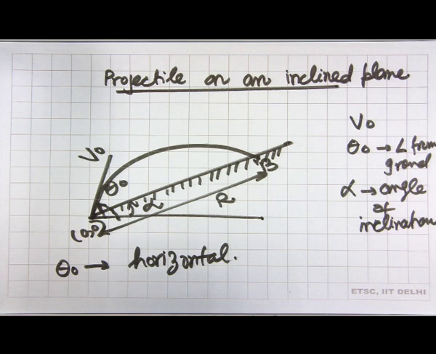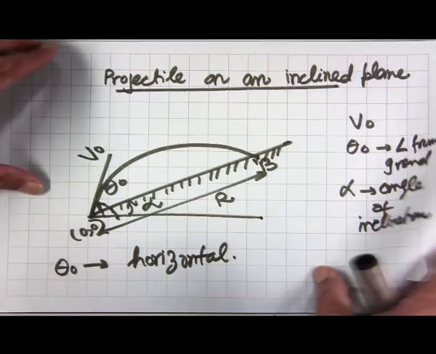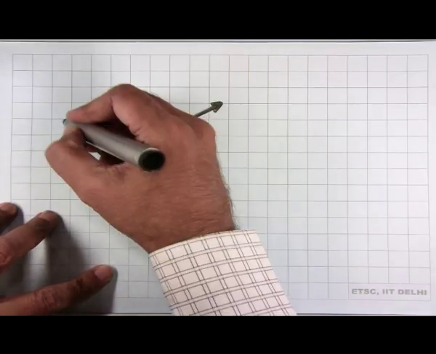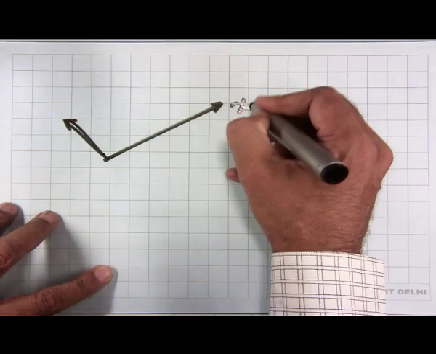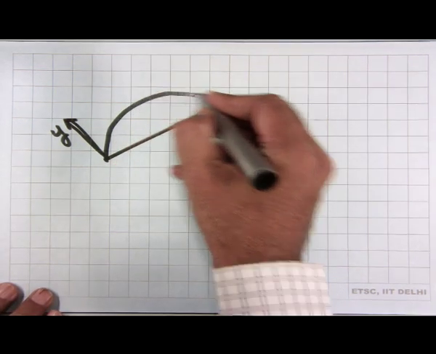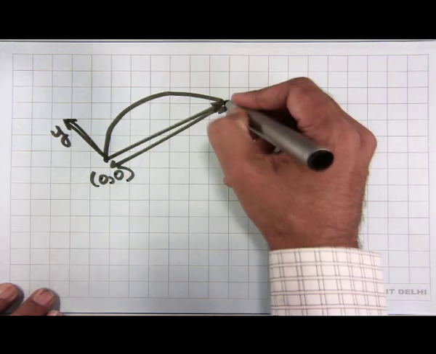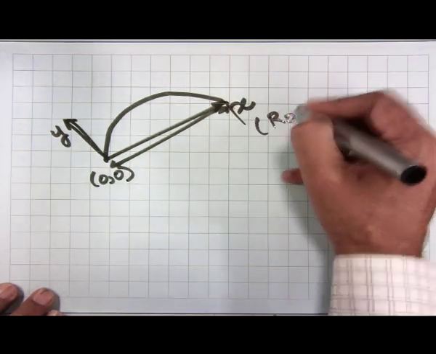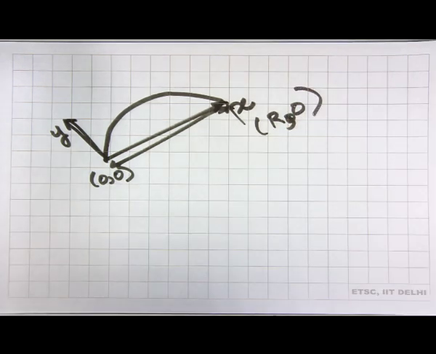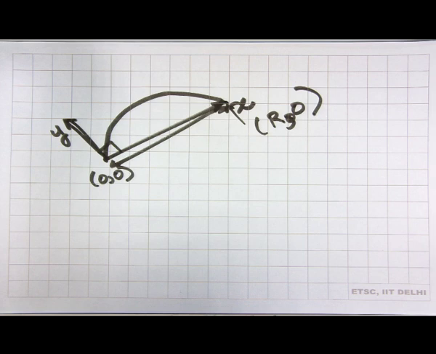For this particular problem, I choose x along the incline and y perpendicular to the incline. Starting from origin 0 0, the final point whose coordinates I want to find will be r comma 0, because y is perpendicular to the incline and x is along the incline.